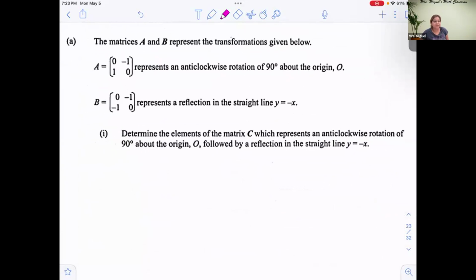The matrices A and B represented by the transformation are given above. Determine the elements of matrix C, which is an anti-clockwise rotation of 90 degrees followed by. So they're asking for the rotation first, followed by.